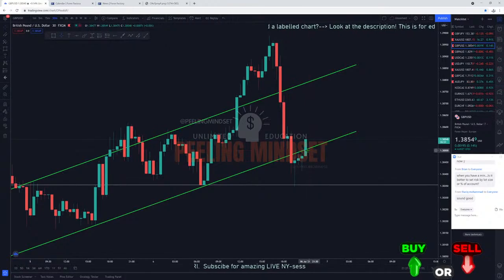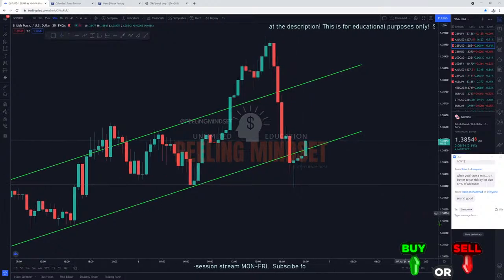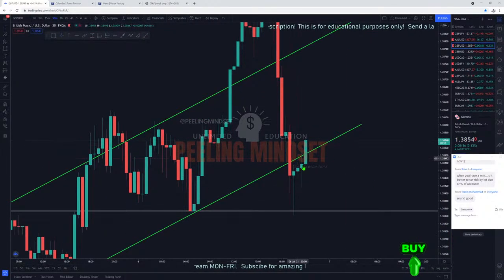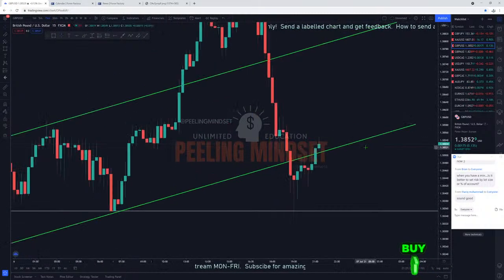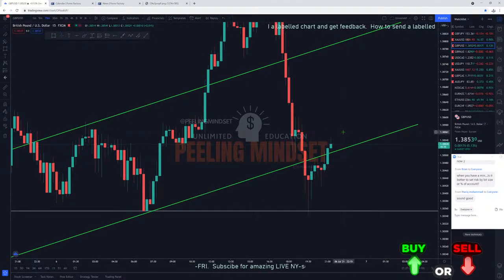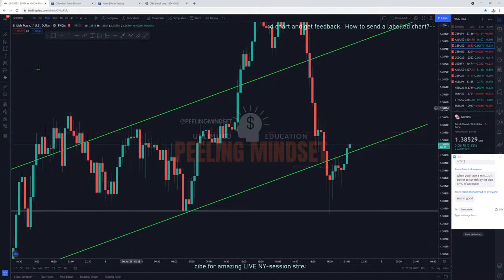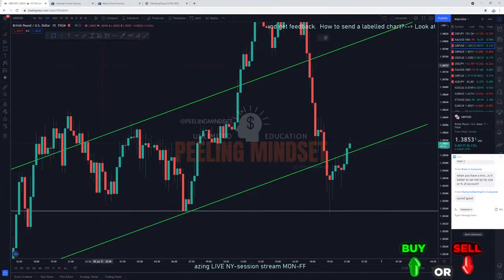It had to reject the channel and try to push down. It's quite simple to say that, right? In relation to the channel, price had to break down and reject the channel to push down, but it's kind of moving in the channel at this point in time. It's kind of interesting how prices of pound instruments are moving, to be honest.